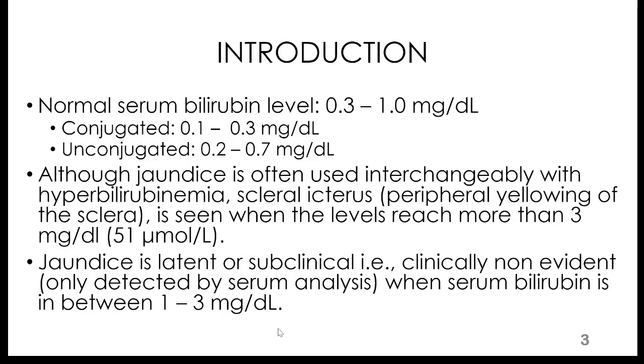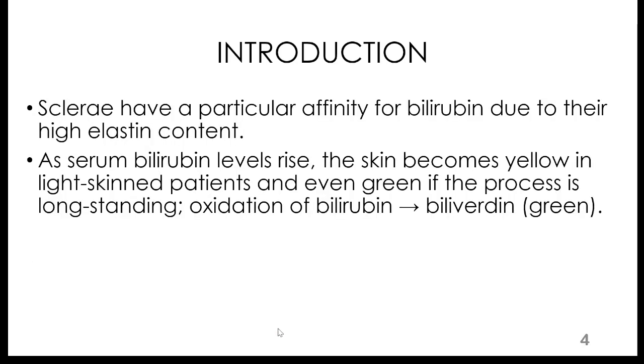Although the term jaundice is often used interchangeably with hyperbilirubinemia, the scleral icterus, that is the yellowing of the eyes, is seen when levels reach more than 3 milligrams per deciliter. Below this level, abnormally high serum bilirubin results in subclinical jaundice, subclinical hyperbilirubinemia.